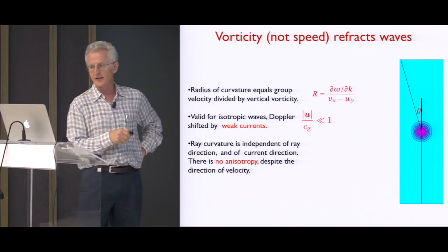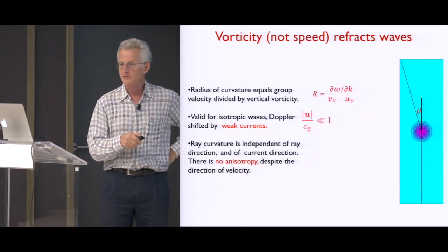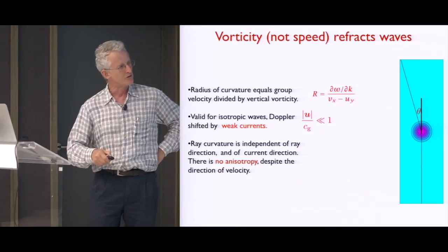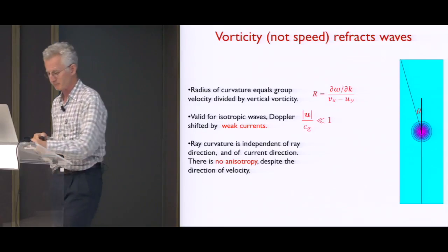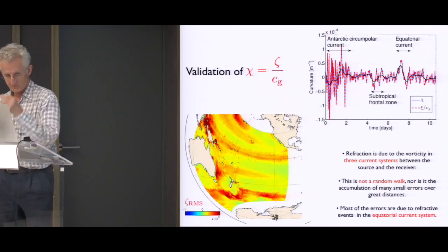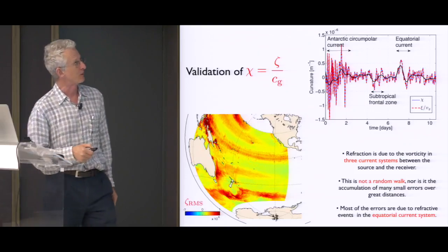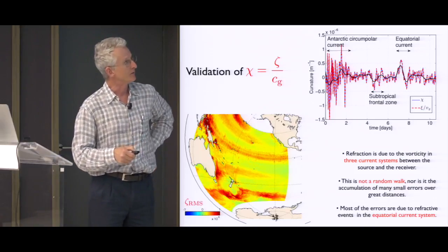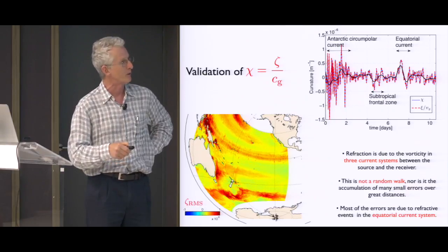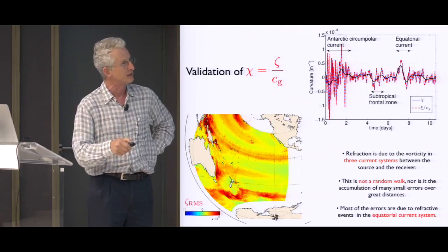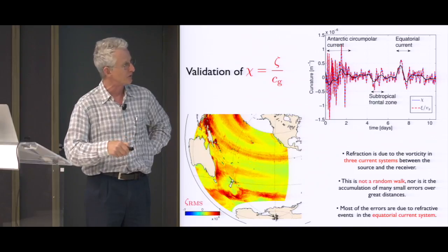So this is the closest thing we have to something like Snell's law, which you can use to build some sort of intuitive picture of wave propagation in a moving medium. And it works spectacularly well. So in this picture here, we're comparing an exact solution for wave ray propagation through complicated surface currents.